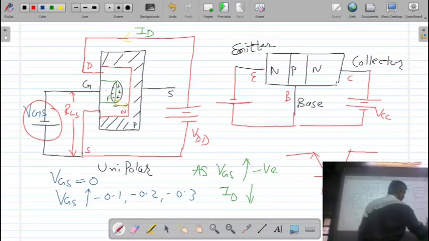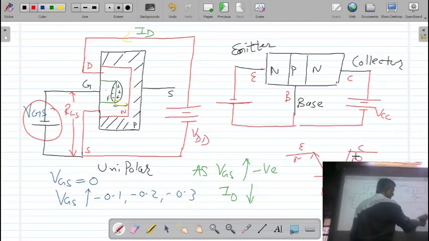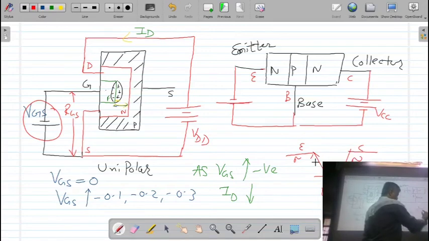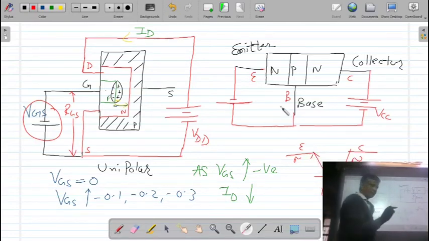Already we have seen the NPN transistor symbol. This is your base, this is the emitter, this is the collector. This is NPN. The arrow is outside. In a bipolar junction transistor, the arrow on the emitter lead is outside. That shows the direction of current when the base emitter is in forward bias.